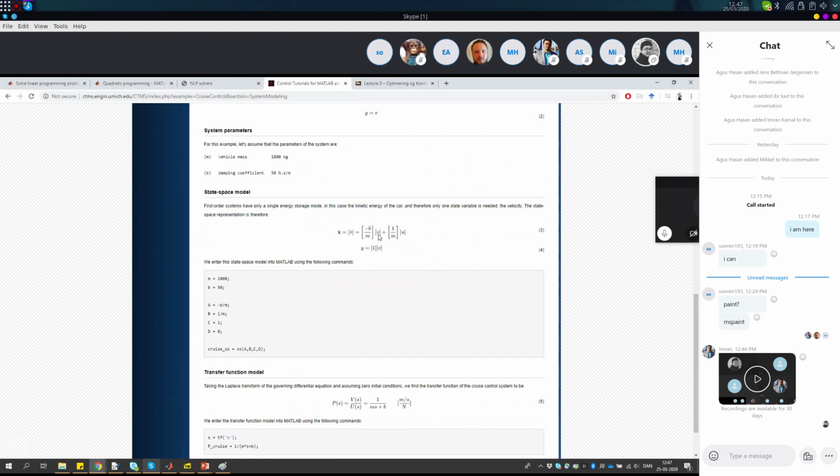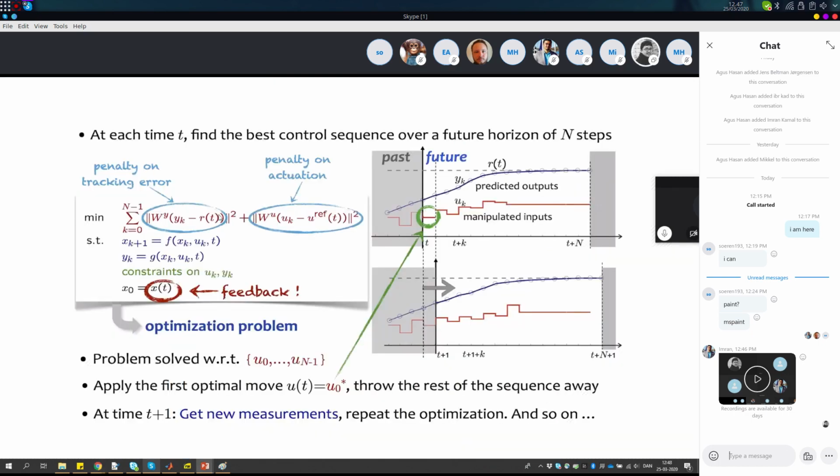So if you drive and you see that your car should be at 80 kilometers an hour, then you can set up the cruise control system. You set the reference point here as 80 kilometers an hour, and then the algorithm will try to calculate how much input you need such that your car will go 80 kilometers an hour.